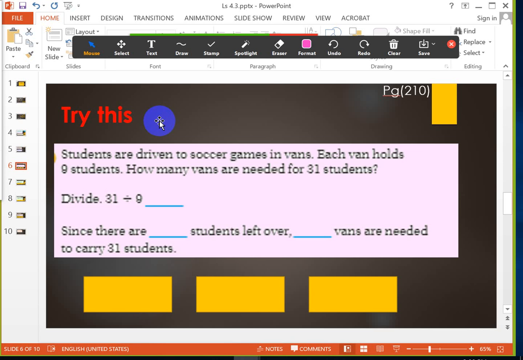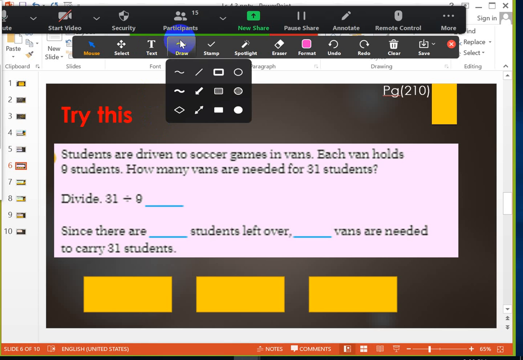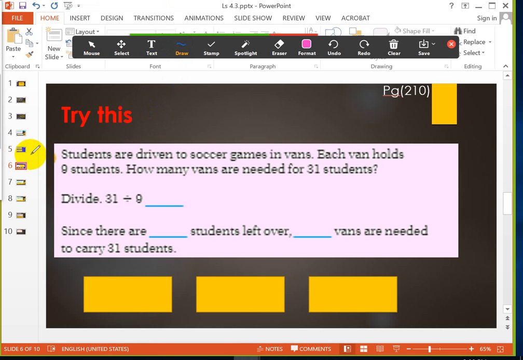So, girls, today we will talk about the same idea, how to interpret the quotient or the remainder, how to find the quotient and understand or deal with the remainder. So, open your books on page 210 and let's start.